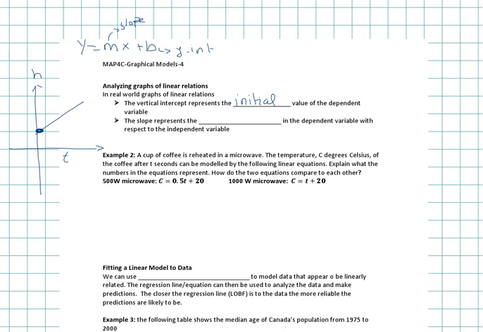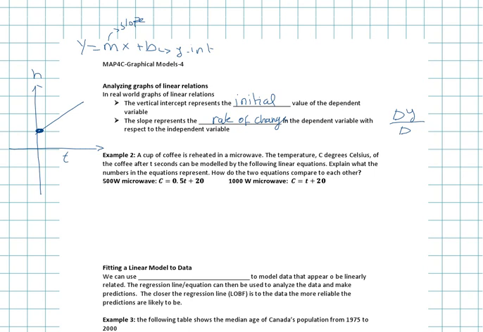The slope is the rise over run, but it's also called the rate of change, right? Remember, these words are the same. When you see rate of change, I'm talking about the slope. The difference is the rate of change has a unit, slope doesn't have to have a unit. So the slope represents the rate of change in the dependent variable with respect to the independent variable, which means that it is delta y over delta x.